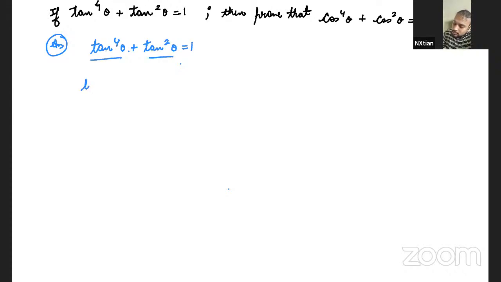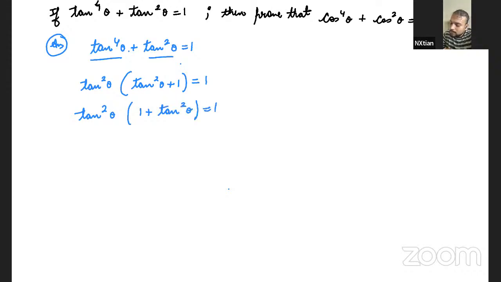The common is tan square theta. If I take out tan square, it becomes tan square theta into tan square theta plus 1 equals 1. I can write it like this also. Now this is in multiplication, so it will go to the other side to become divide, like this.